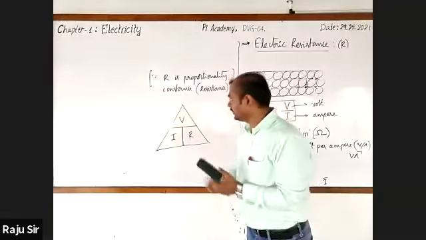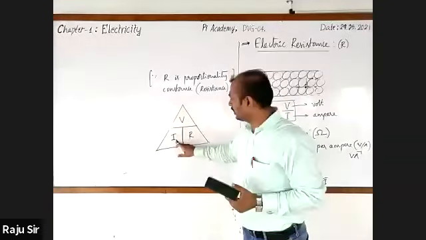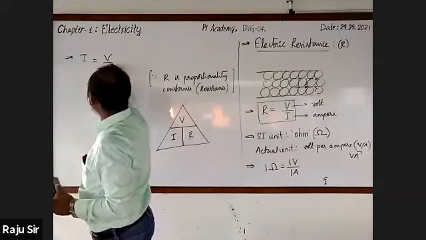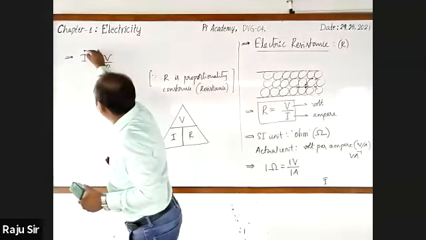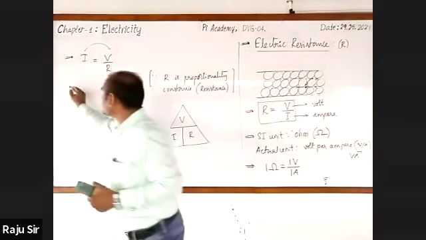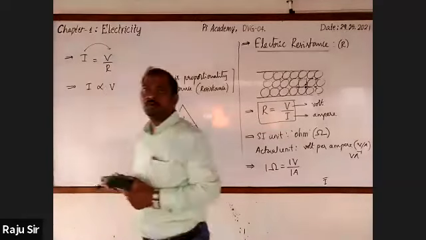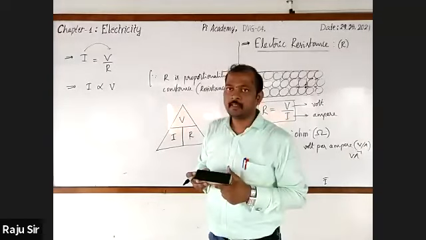Using this triangle, tell me how to write I. V by R. Yes, I is equal to V by R. We have already come across the relationship between V and I. Through Ohm's law, we have come to know that I is directly proportional to V, or V is directly proportional to I, right?